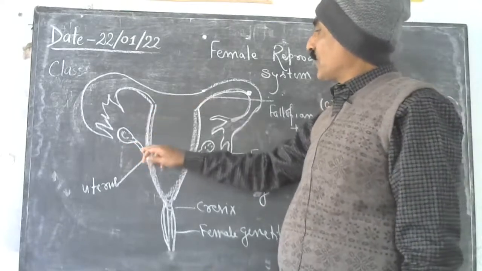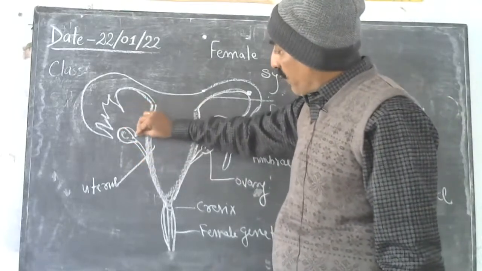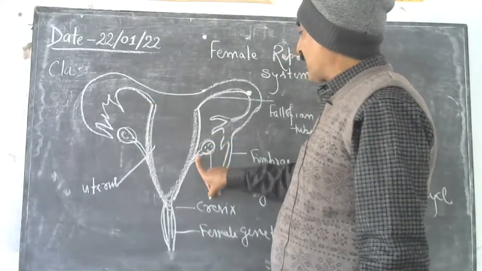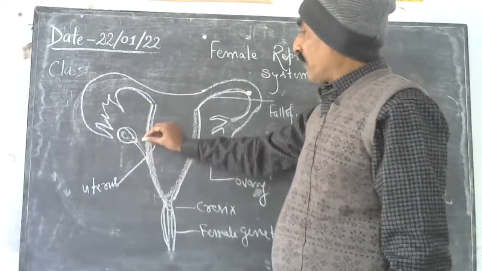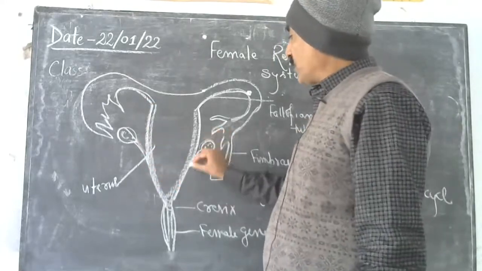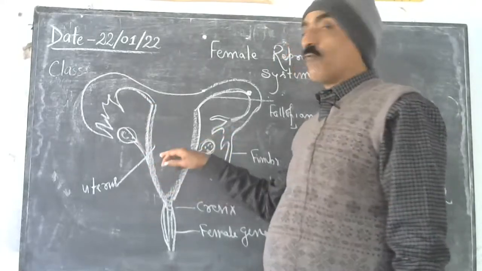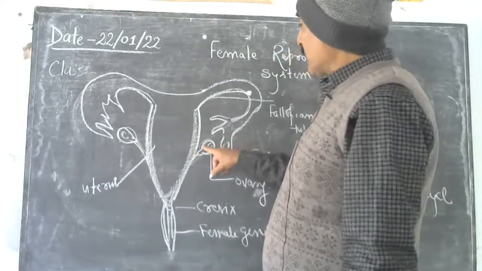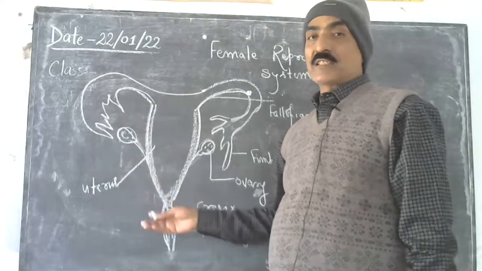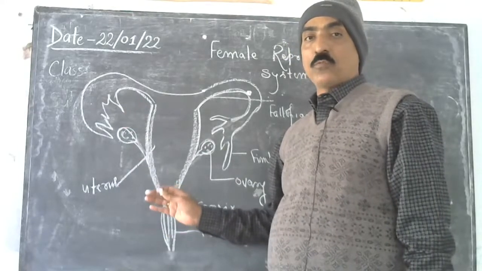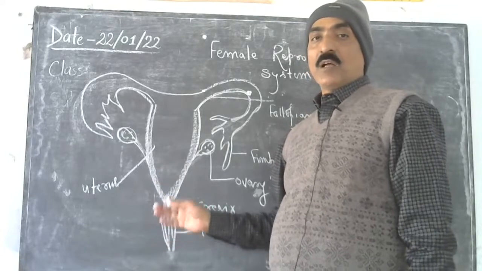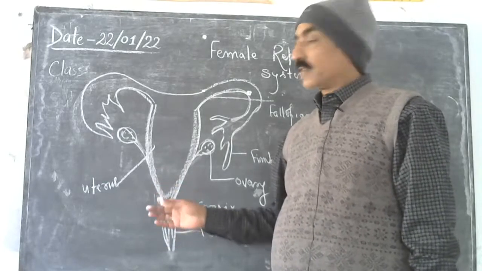This is the ovary, the pair of ovary, an almond-like structure connected with a ligament to the uterine wall. This is the primary reproductive organ in which the ovum is released by the process called ovulation.